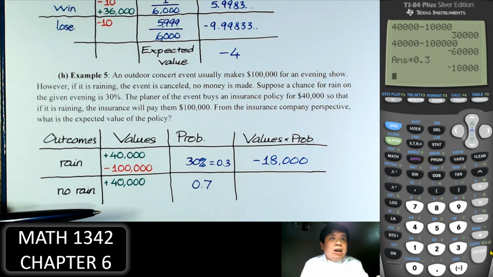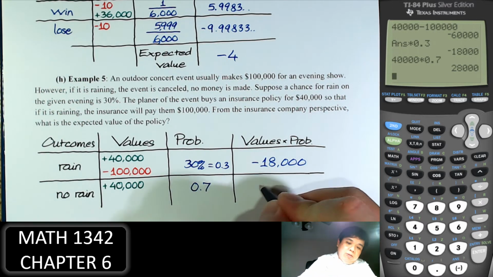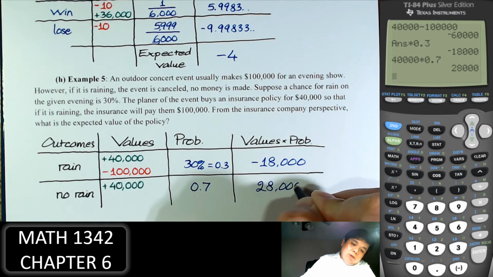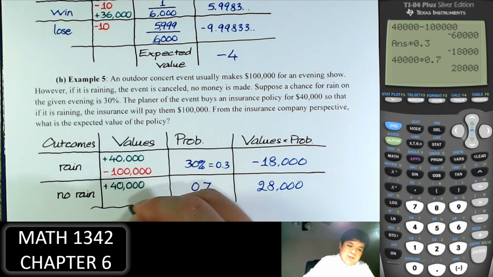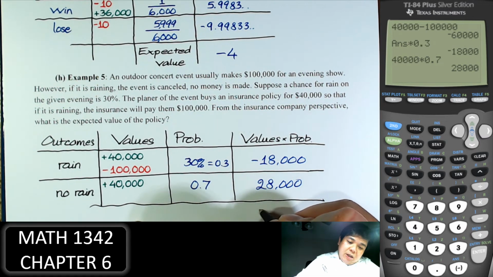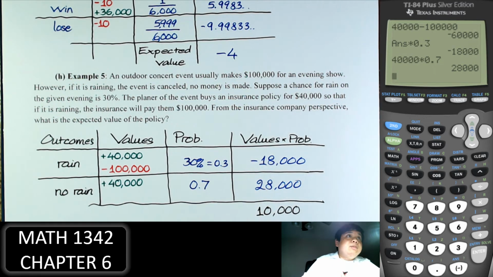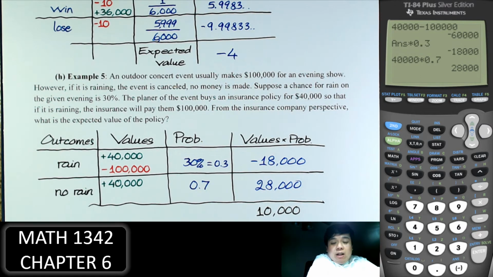And when there's no rain, the company gets $40,000 and doesn't have to pay back anything, so 0.7 times 40,000 is $28,000. So the expected value when we add these two together is $10,000. So in the long run, the company will make $10,000 for such an event.